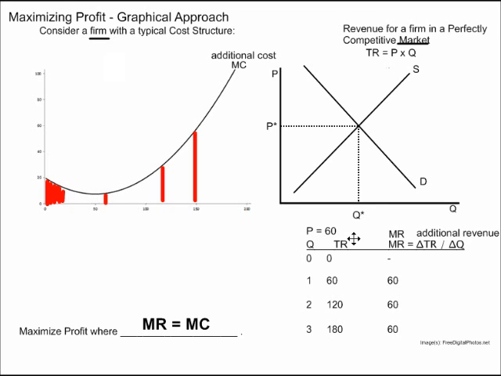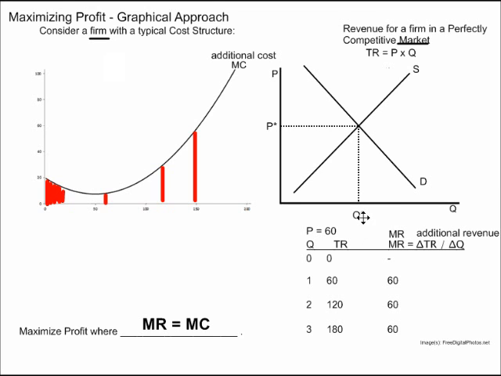We want to make sure we're totally clear on the difference between market and firm, so we have to remember that market corresponds to P star and Q star. This Q in this market represents the total amount that's purchased by all firms in the market. So that would be all automobiles that are purchased, all fast food that's purchased, all hospital services that are purchased.